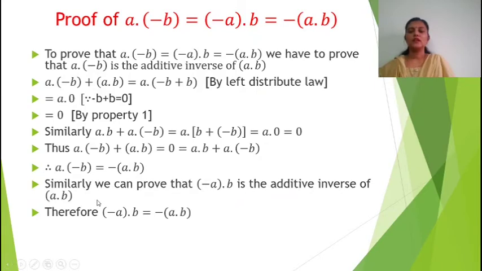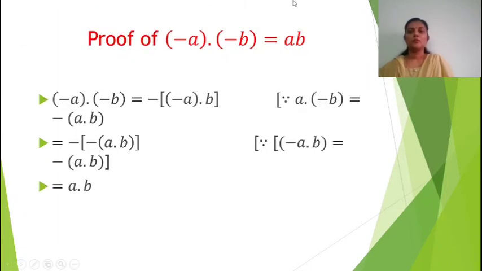That is, the additive inverse of a·b is a·(-b), so a·(-b) = -(a·b). Similarly, we can prove that (-a)·b is the additive inverse of a·b, therefore (-a)·b = -(a·b). Therefore a·(-b) = (-a)·b = -(a·b).